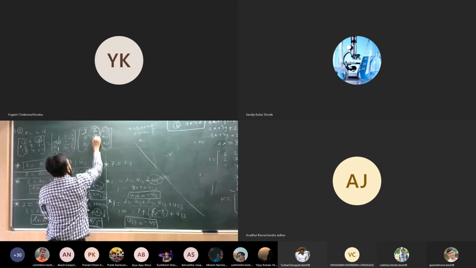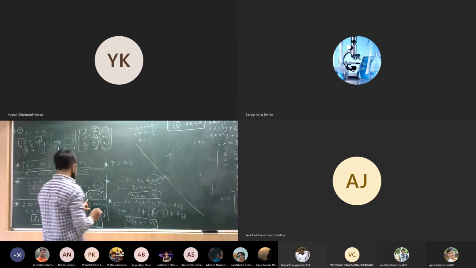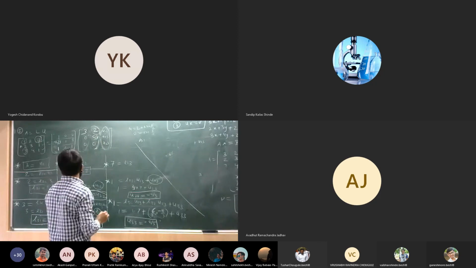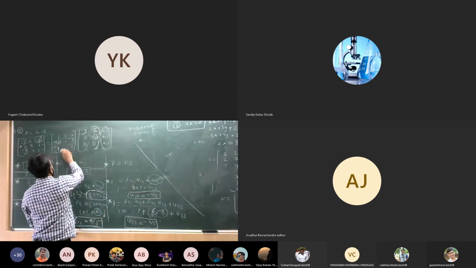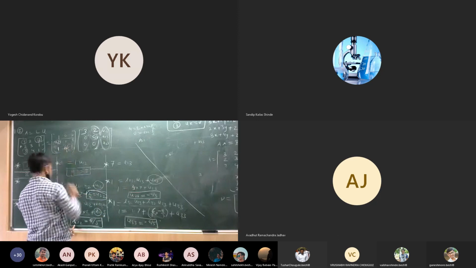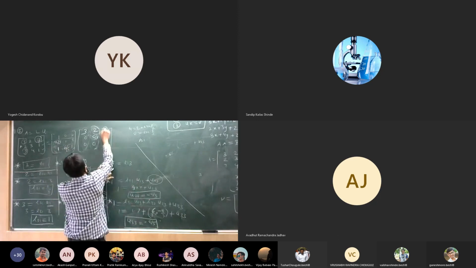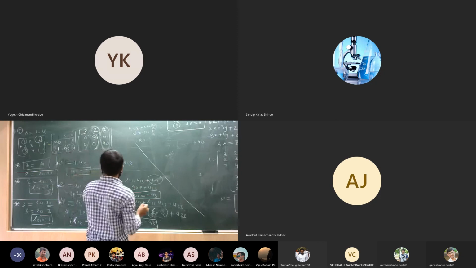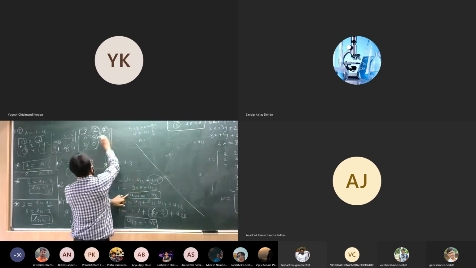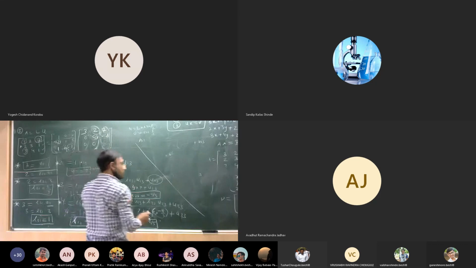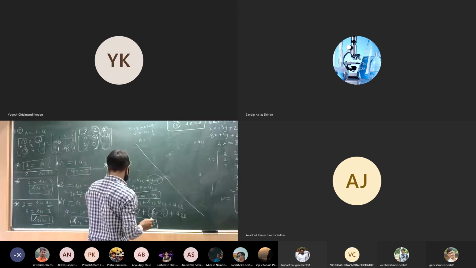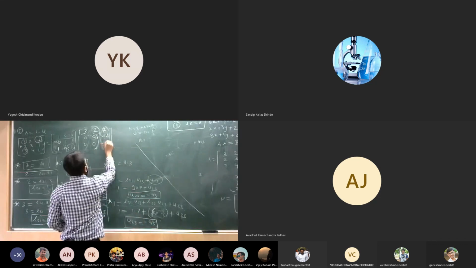Then L32 is 6 by 5. Here U13 is equal to 7. Then U23 is equal to minus 11 by 3. Then we calculate U33 is equal to minus 8 by 5.